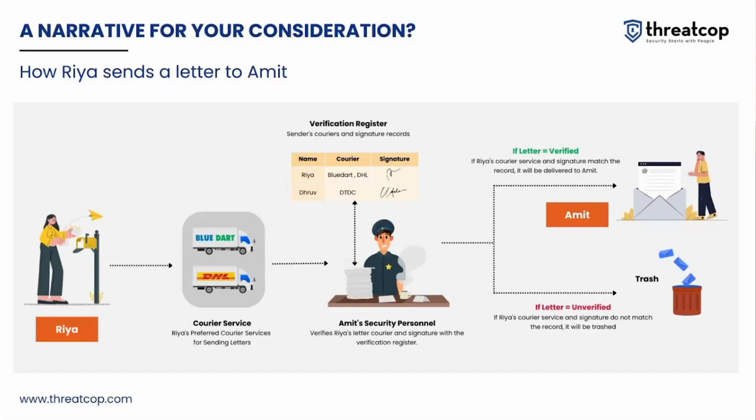At that point, any letter, whether it's a fake letter or a fraudulent letter, will be delivered to Amit. So to save Amit from getting these kinds of letters, Amit uses a security personnel who verifies against the register. We'll compare it with how it happens with email as well.